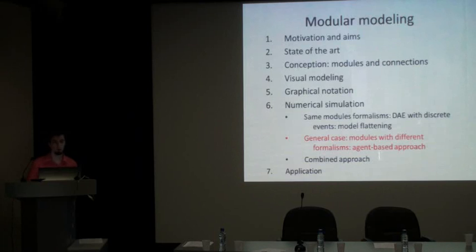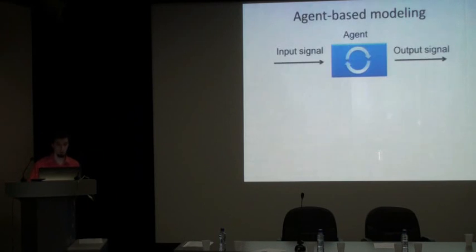The next approach is implemented for the general case when models utilize different formalisms. We use an approach on the basis of agent modeling principles. Agent modeling is widely used in cases when formal description of system behavior as a whole is too complicated or even impossible, for example, social activities or contagious disease spread.